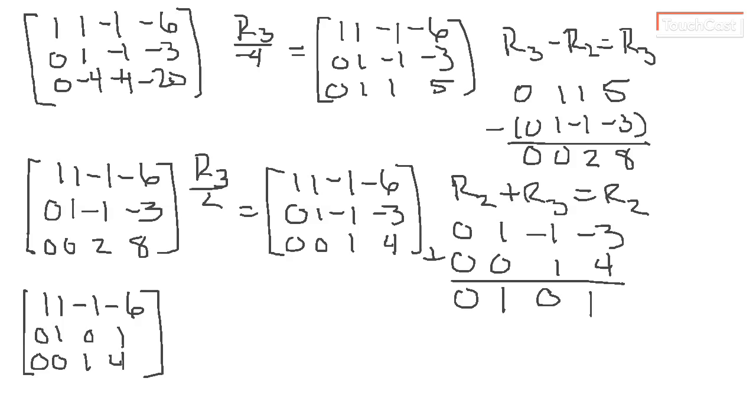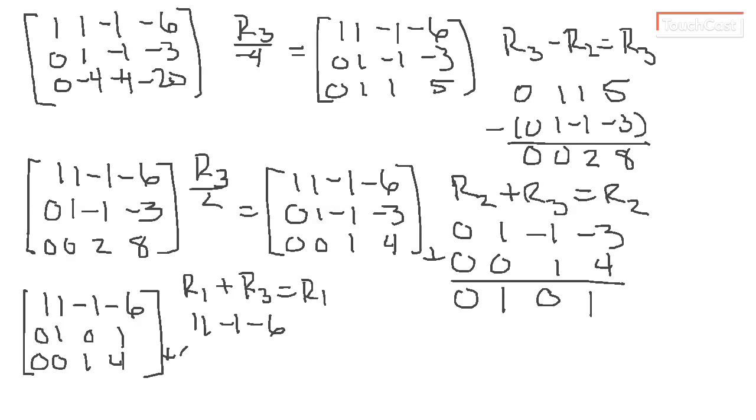I believe what I'm going to do next is take my first row and add to that my third row to get a new first row. So I'm going to go 1, 1, negative 1, negative 6.